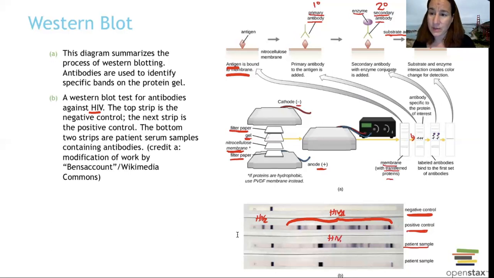They have not progressed to HIV-2 though, because this is the HIV-2 protein, and you don't see it. It's missing on these patient samples. So this one, HIV-1 positive, but not for HIV-2.